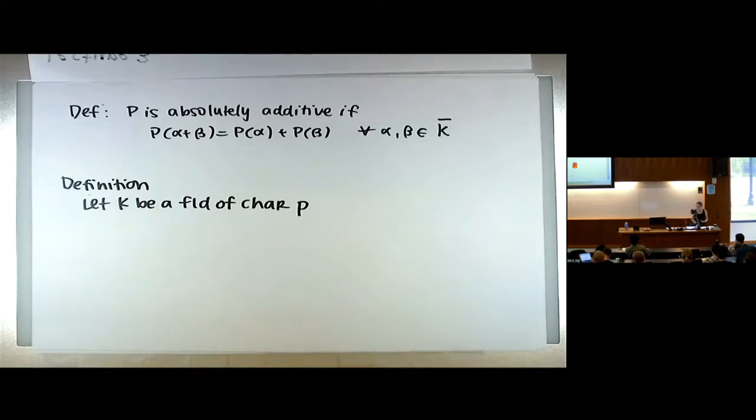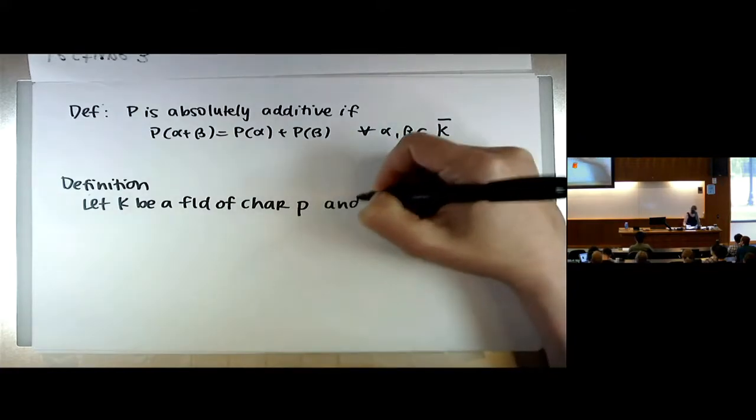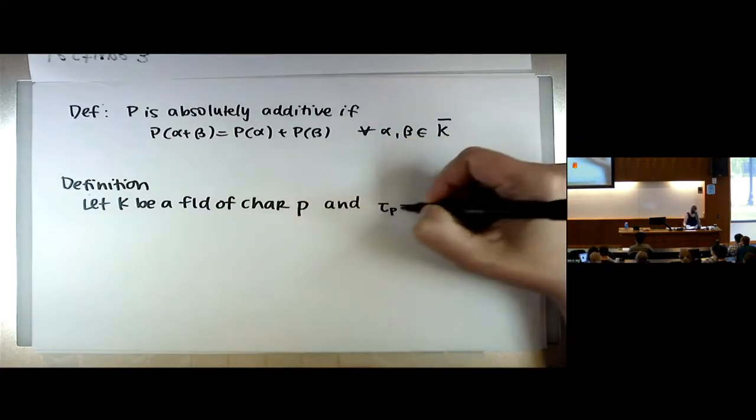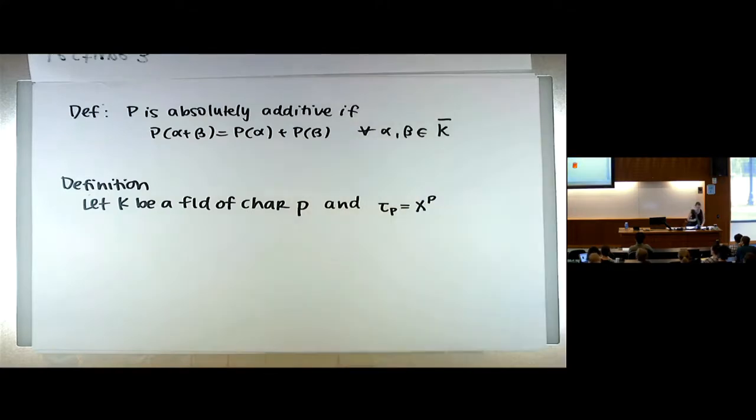Okay, so let's go in characteristic P, where interesting stuff happens, right? Because we have raising to the P that's linear. So you're like, oh man, many things are additive. So many more things will be additive. Okay, so let K be of characteristic P from now on, so there's something interesting to say. And I'm going to define tau sub P to be x to the P.